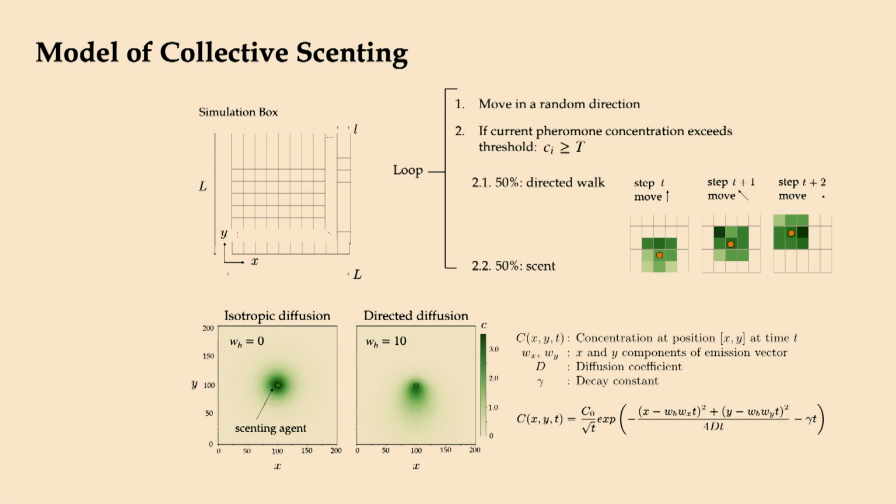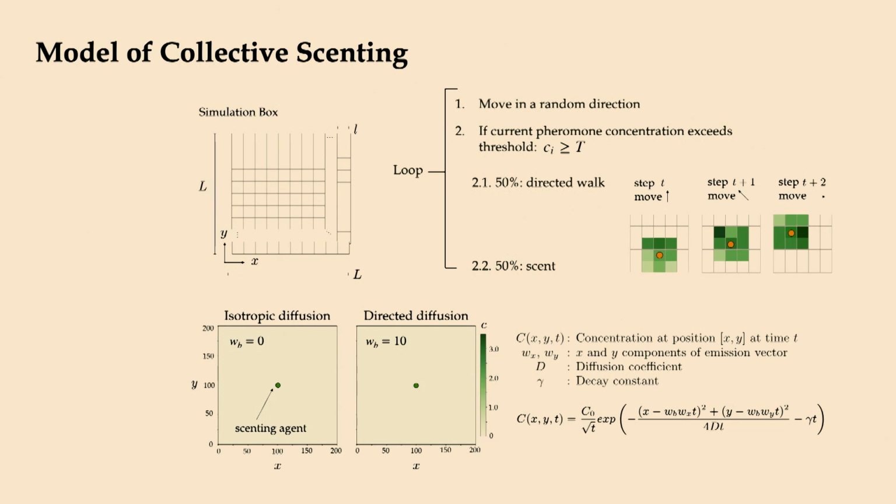And if they do that, then 50% of the time they start producing a directed walk up the pheromone gradients, potentially towards the individual sources or the queen. And the other 50%, they produce their own signals by scenting.